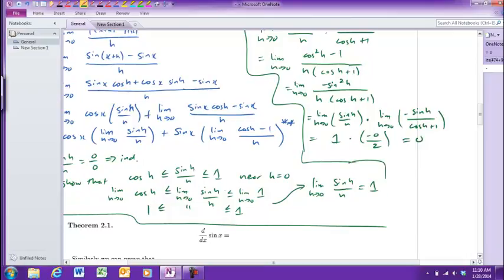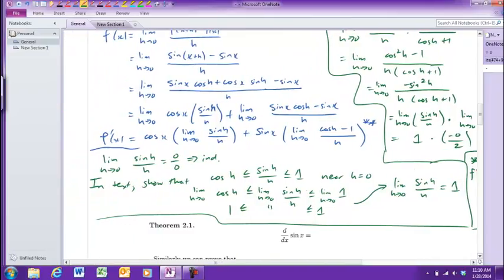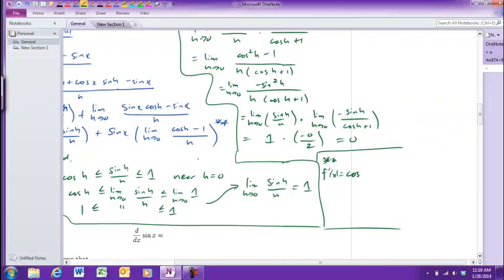Okay, so now we're basically off the page. But let's come back to star star. This thing right here. We get f prime of x is equal to cosine x times this limit, which we found to be 1. So that's cosine of x times 1, plus sine of x times this limit, which we just found to be 0.